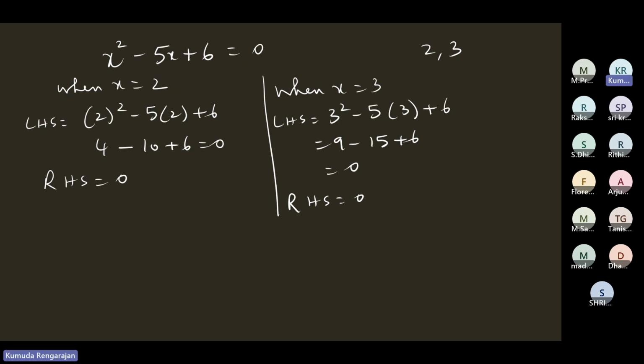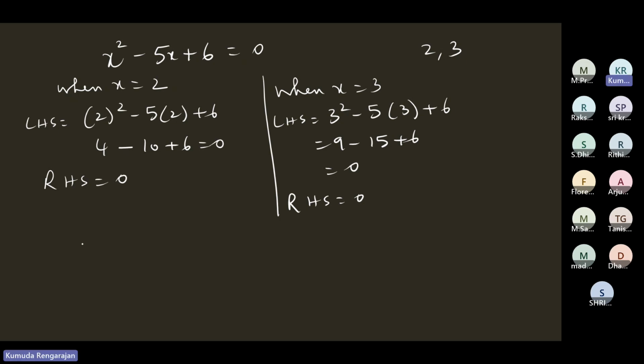RHS is also 0. So that means x is equal to 2 satisfies the quadratic equation. Similarly, 3 also satisfies the quadratic equation. So 2 and 3 are the two zeros of the quadratic equation.